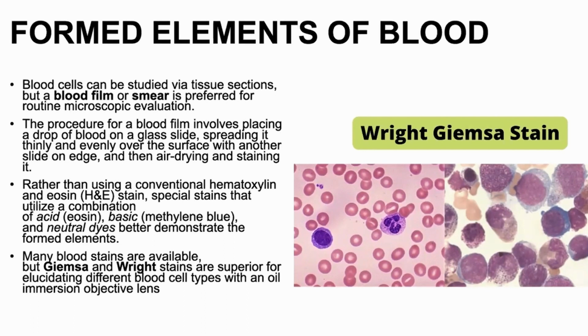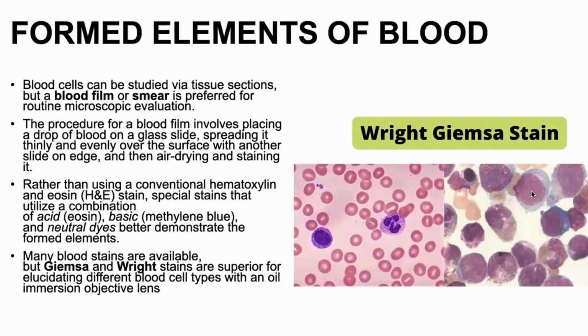So in terms of studying the blood and the elements in the blood, they tend to use a blood film or a smear. The procedure for a blood film involves placing a drop of blood on a glass slide, similar to what you've done here when you were doing the Gram stain. But you're going to make a smear. You spread it thinly, add a cover slip on it, and you can stain it to see what color the nuclei come up as.